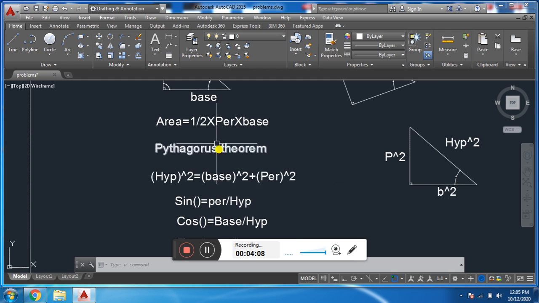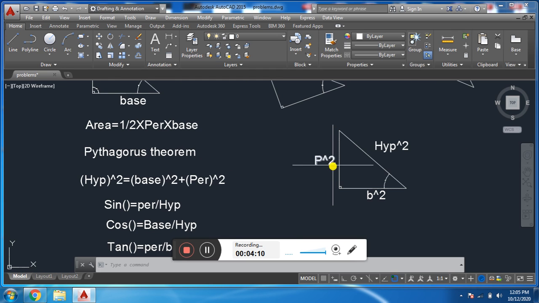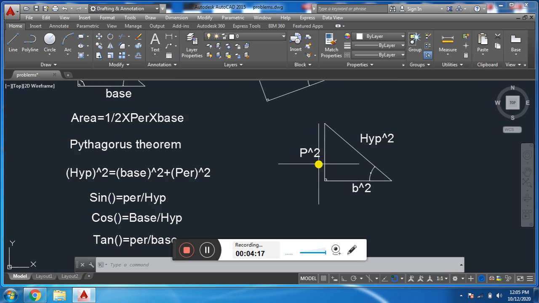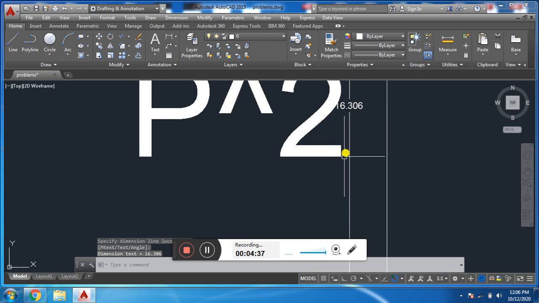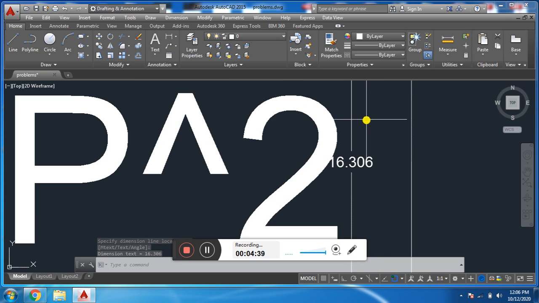Actually, this Pythagoras theorem means the square of this side. For example, we have values of P and B, and this value shows the square. For example, the P value is 16.306.